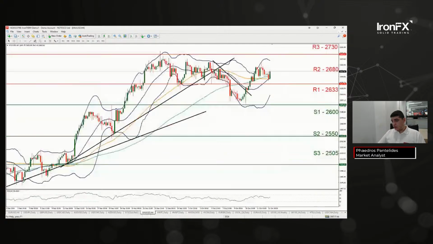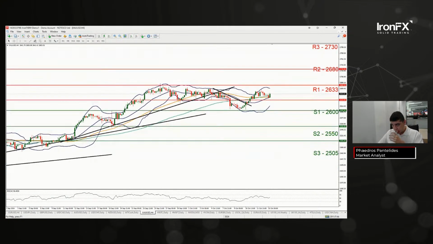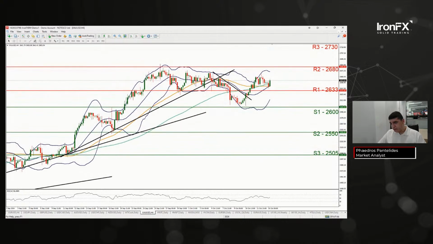Let's look at gold. So we had 2,633 as a resistance level, broken above. RSI is at 56. Does imply bullish market sentiment. Retrace lower. Needs to clear this high for that bullish outlook to continue.